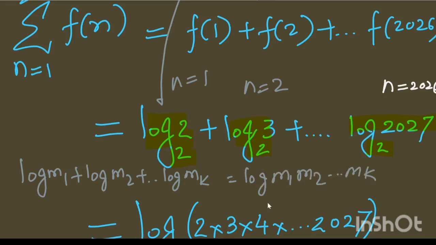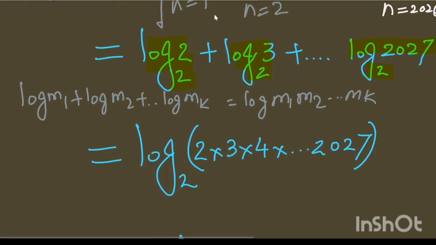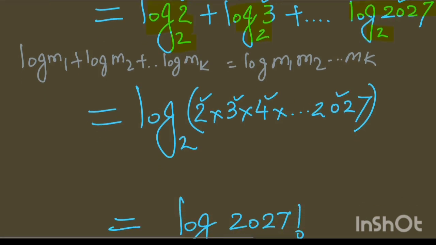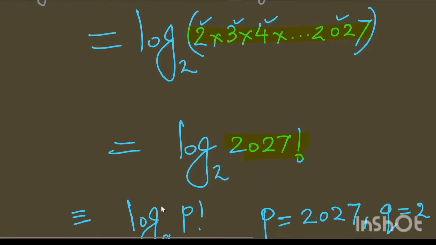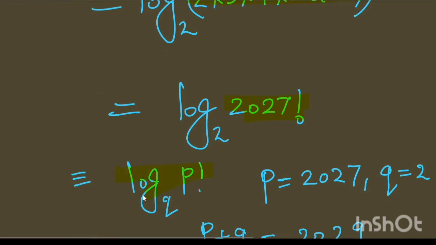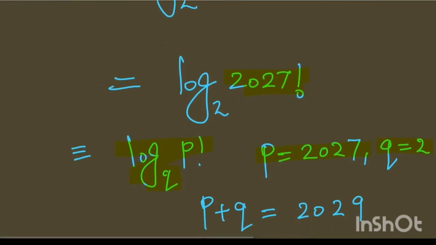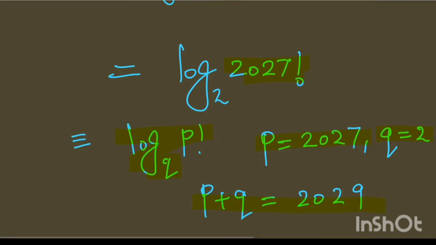Using that, 2, 3, 4 and so on till 2027 will come in using the law of multiplication, and we know that 2 3 4 till 2027 is 2027 factorial. And if you compare this with what is given in the question, p is 2027, q is 2, which leads us to the answer as 2029, guys.